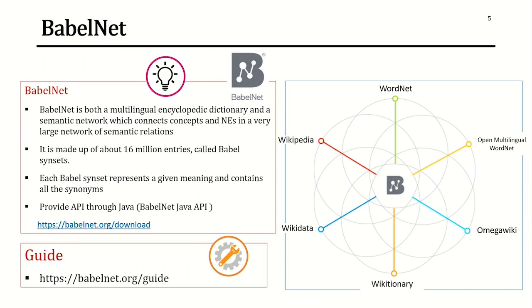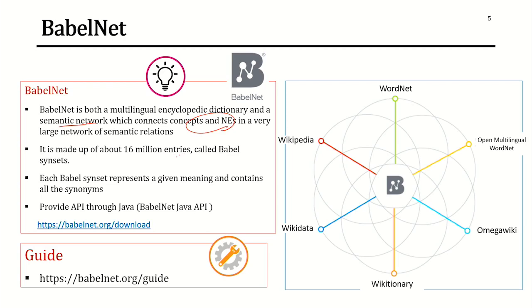Now we come to discuss BabelNet. It is a multilingual encyclopedic dictionary and a semantic network which connects concepts and named entities, or NE, in a very large network of semantic relations. There are many relations in the network that represent the semantics of words and can be connected to named entities.